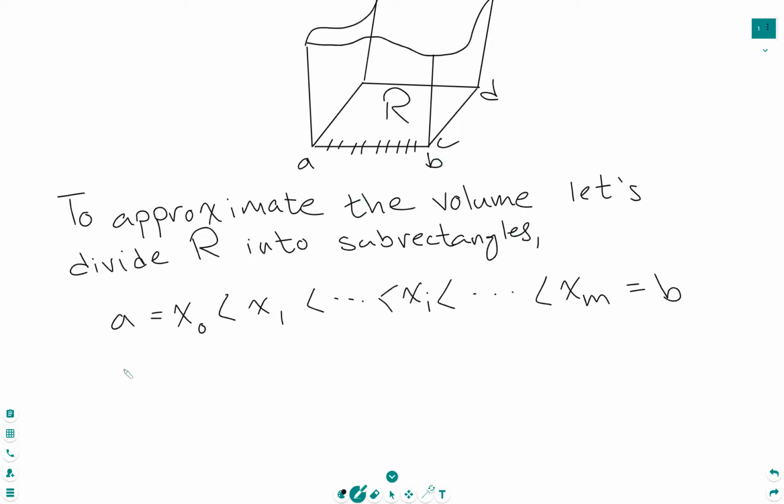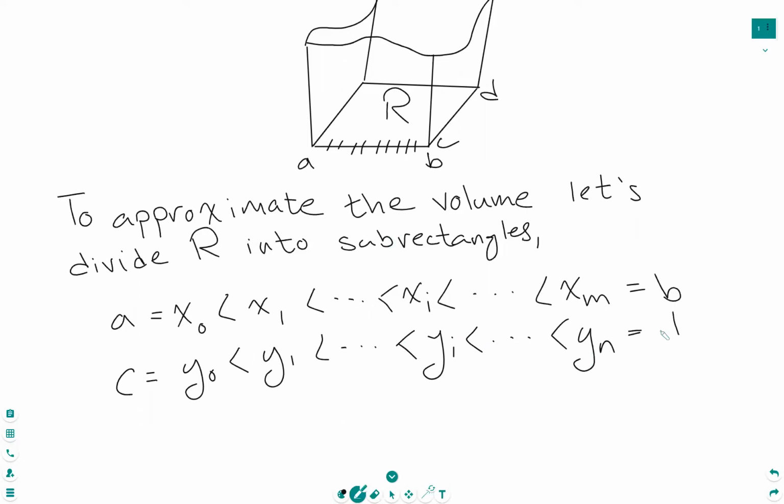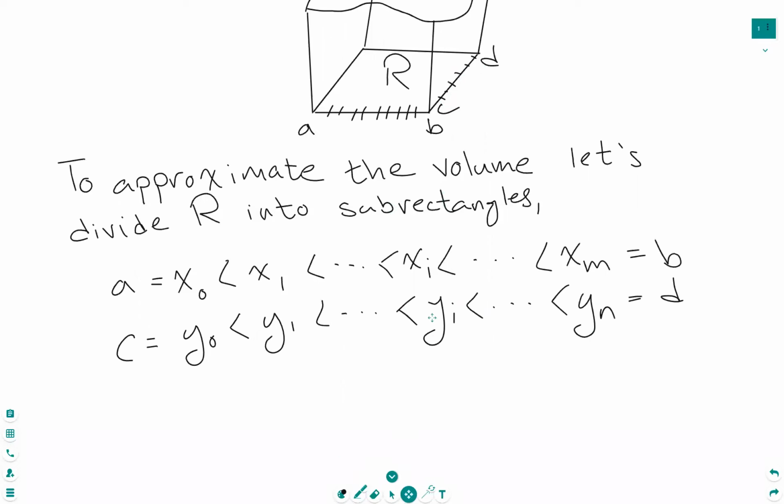I'm going to do the same thing with Y, and they don't necessarily need to be the same number of subdivisions, but I will create some amount of them. Let this be Y_j, and this time I'll create N of them. This is equal to D. So now we're subdividing in the Y direction.